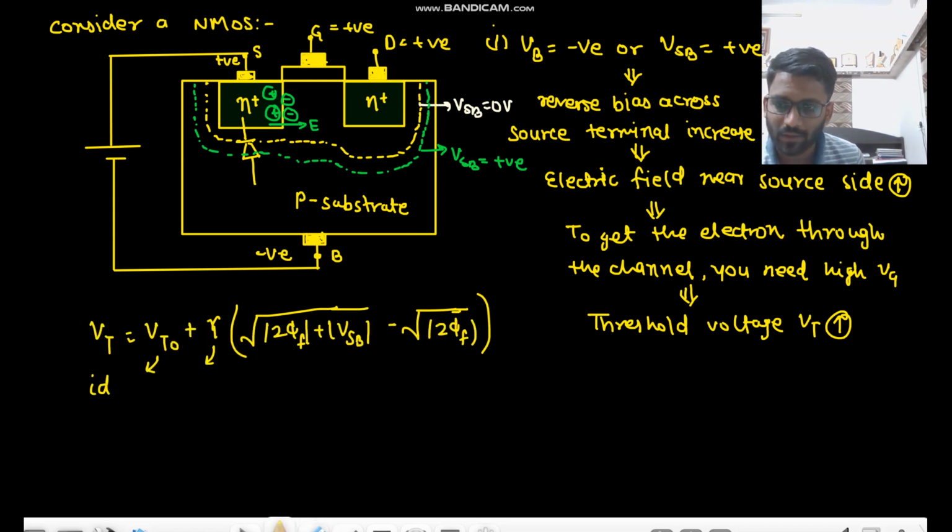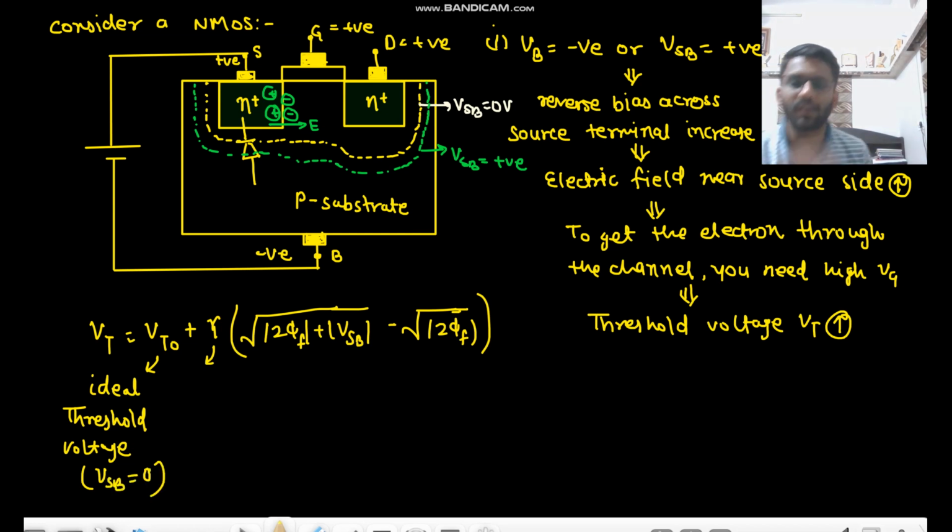This is the ideal threshold voltage when VSB was 0 volt. Okay. This gamma is what we call the fabrication process parameter.